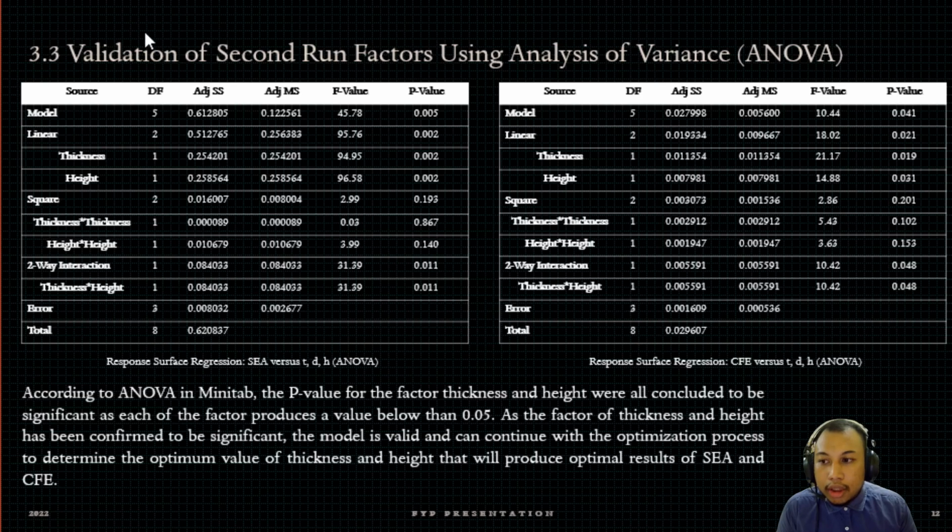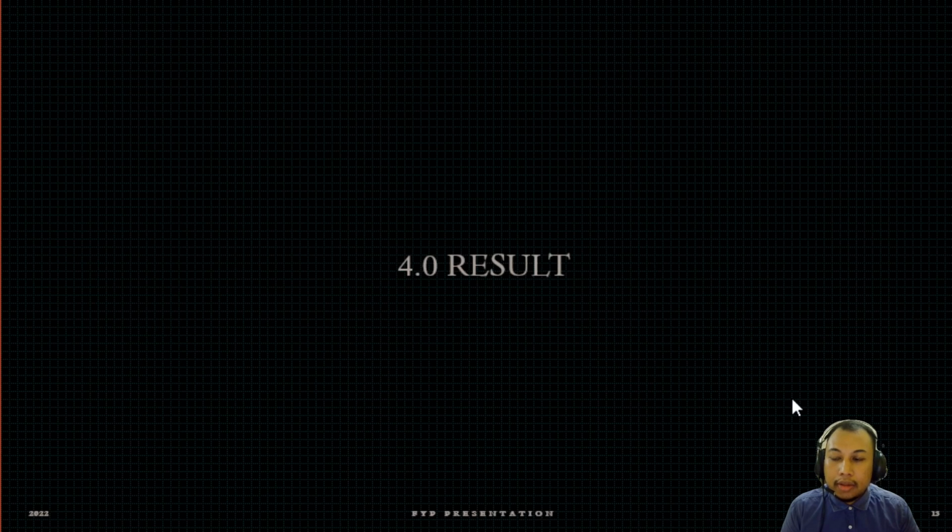During the validation process using ANOVA, I have concluded that the p-values of SEA and CFE were significant for both thickness and height, as both of the values are less than 0.05. Therefore, optimization process can be done using this sample.